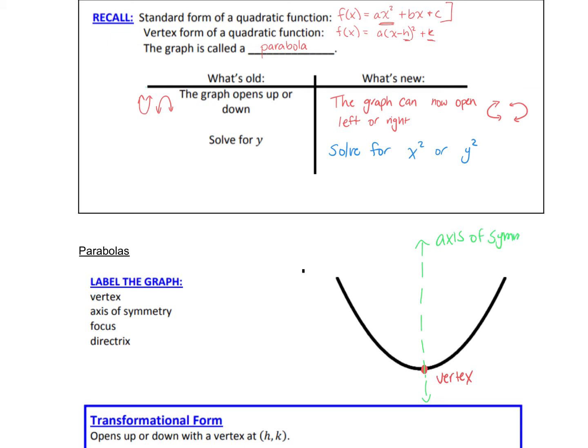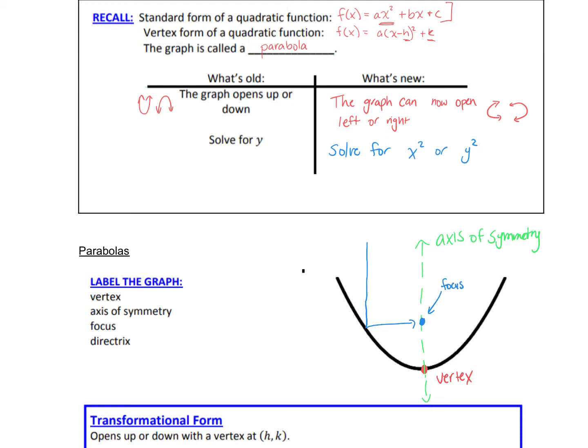The next thing I'm going to label is going to be the focus. So this is going to be something that's a little new to us. The focus is going to be this point on the graph right here. And what's cool about the focus is anytime you have a point that goes straight down towards the parabola, it would bounce right off that and it's going to hit that focus every single time.